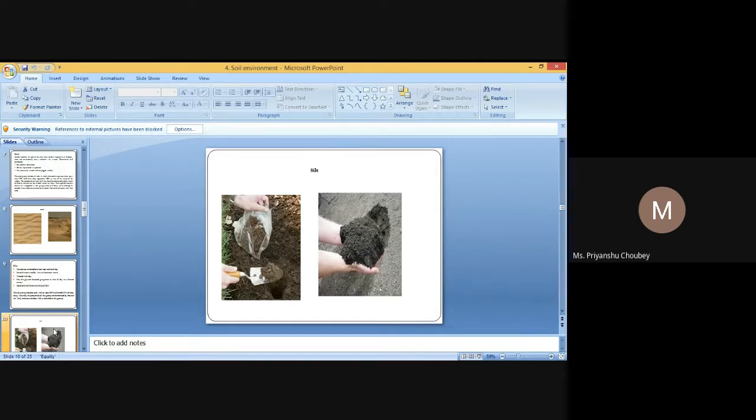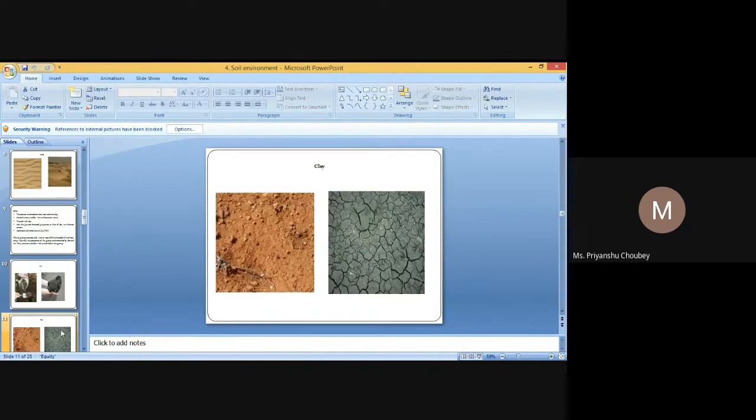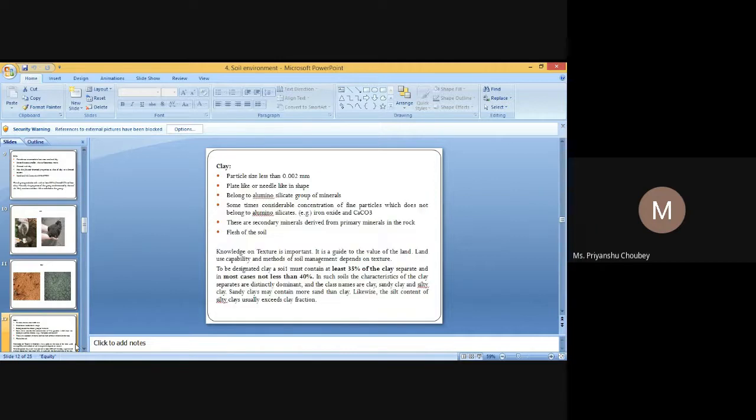This picture is showing us silt. In this picture, clay. Clay particle size is less than 0.002 mm, needle-like in shape, belonging to the aluminosilicate group of minerals.